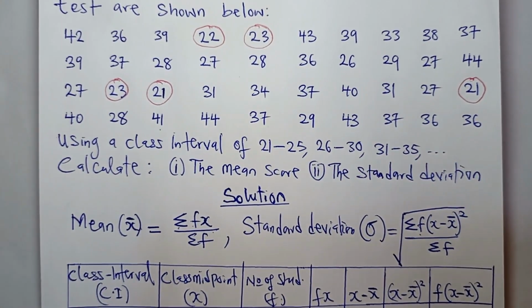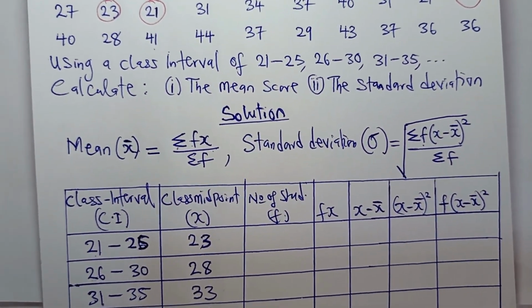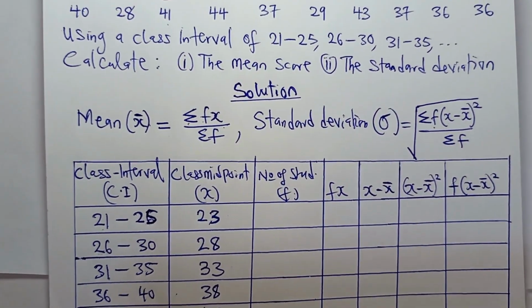We have only 5. Can you see that? So from 21 to 25, we have just 5 numbers.